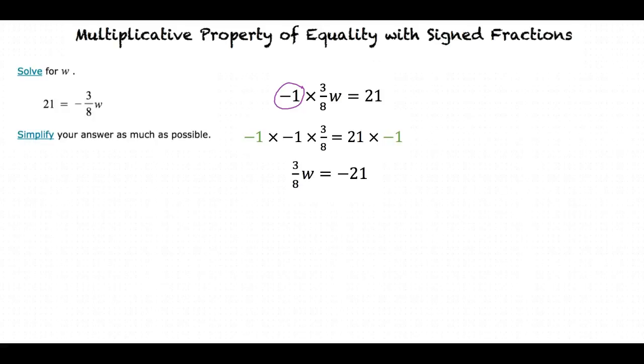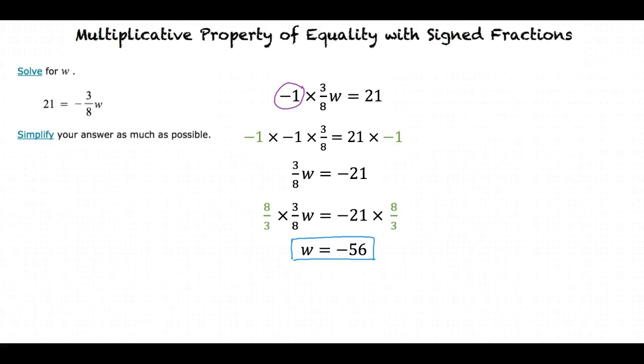So, the inverse of 3 over 8 is 8 over 3. Now, let's go ahead and multiply both sides by 8 over 3 to get rid of the 3 over 8. Our equation now reads 8 over 3 times 3 over 8 times w is equal to -21 times 8 over 3. When simplified, we find that w is equal to -56.